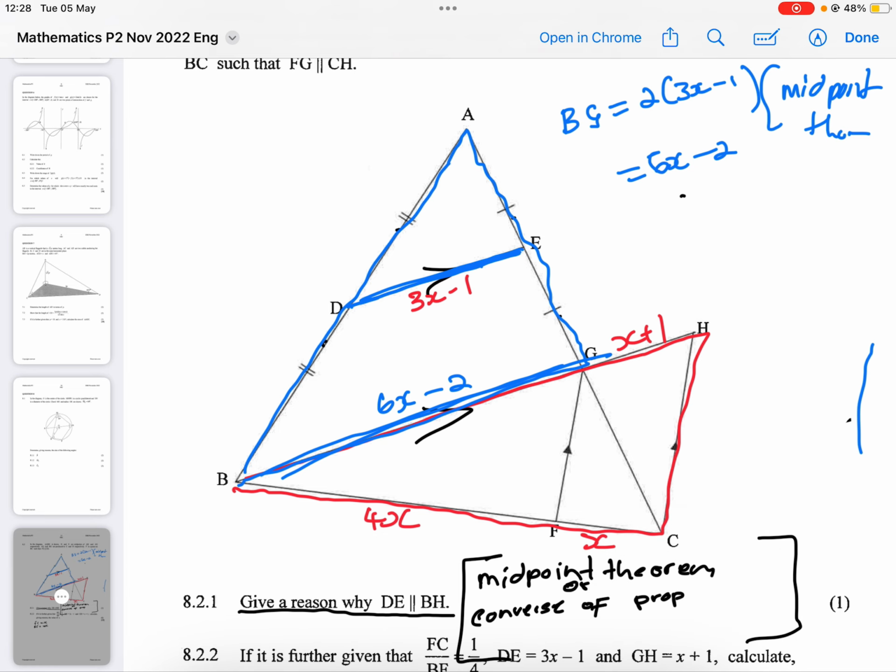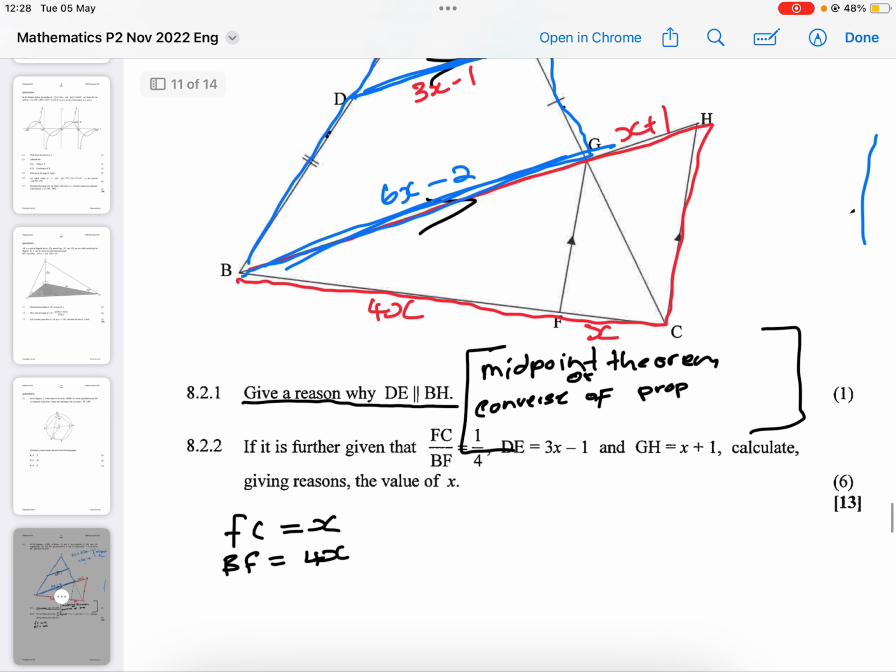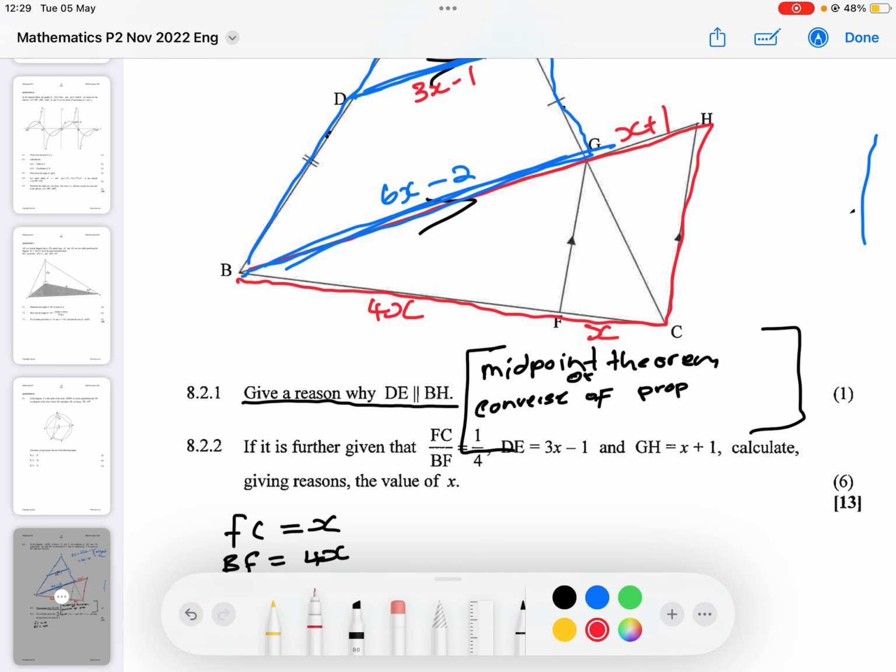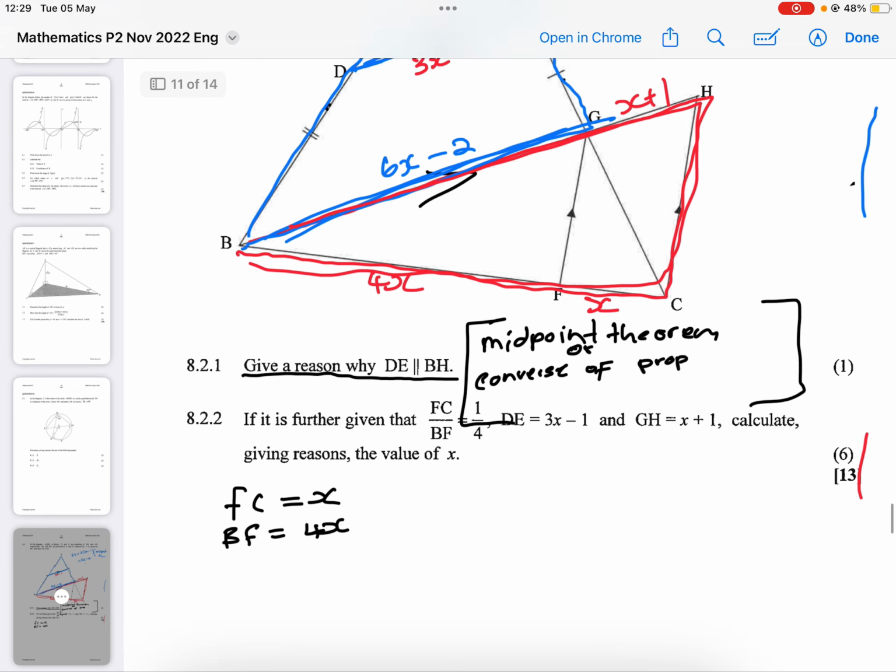Now, since this triangle is a proportionality, because FG is parallel to HC, I can write the ratio of proportionality.